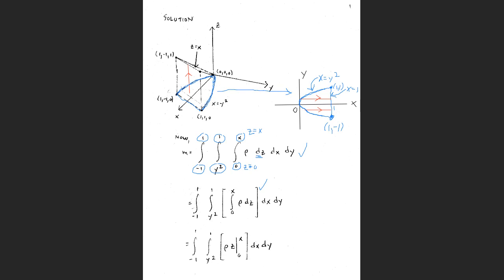So the antiderivative of a constant is just rho times z, and I evaluate that at x and 0. Let me give you a moment to copy up to here. Let me know if you have any questions.